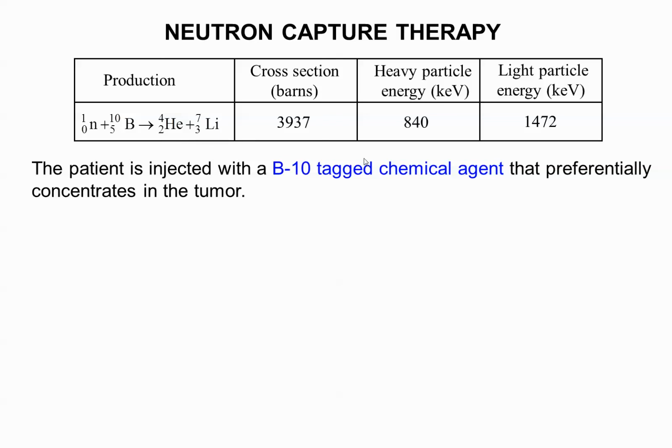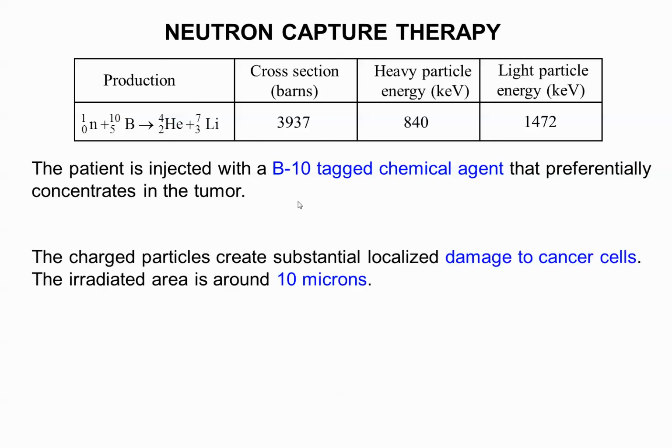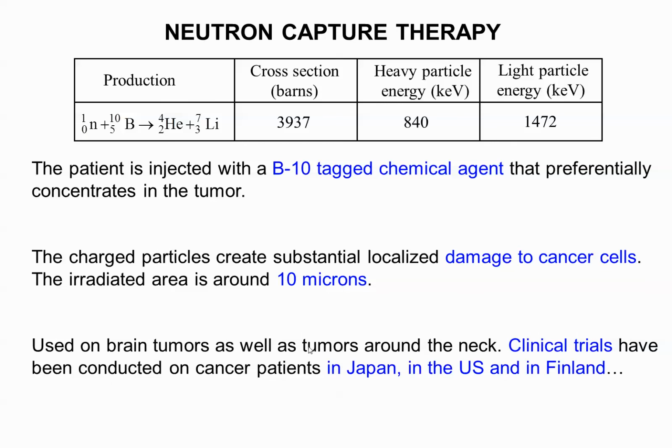In other words, after injection, the patient is treated using thermal neutrons, which destroys cancer cells. This technique of neutron cancer therapy has been used in Japan, in the US, and in Finland.